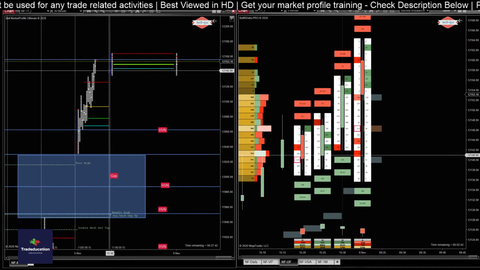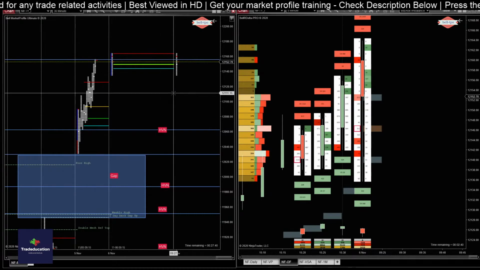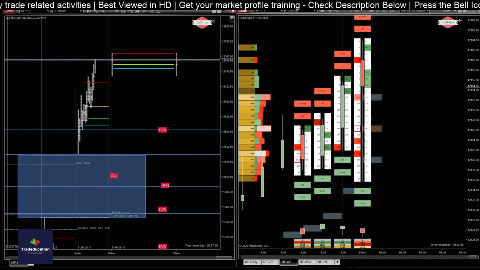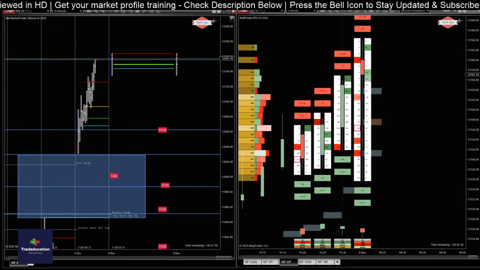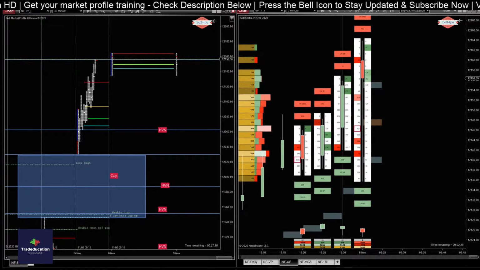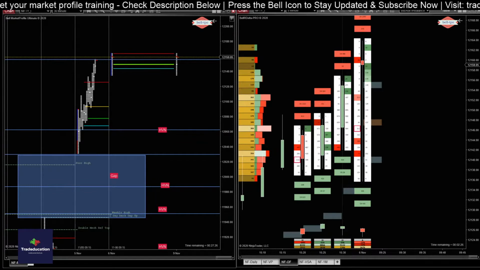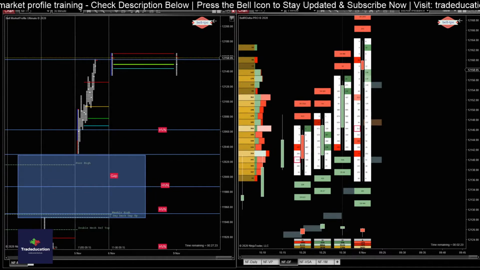The auction is again trying to get out of yesterday's range. Buyers are stepping in. Volume flow is just 3,500. We still have 2 minutes to go. Choppy action seen.